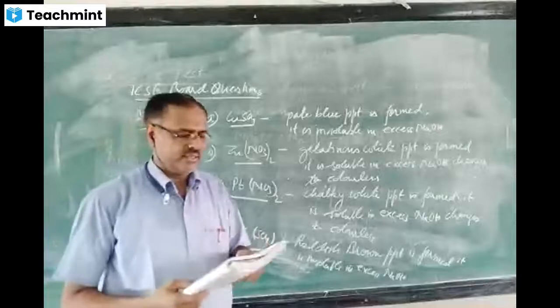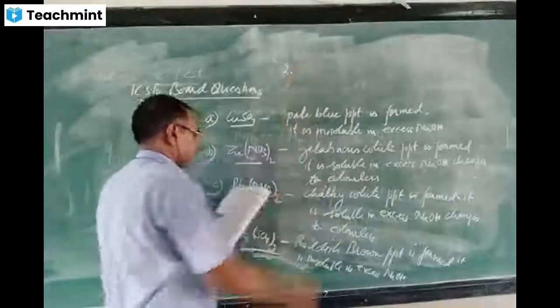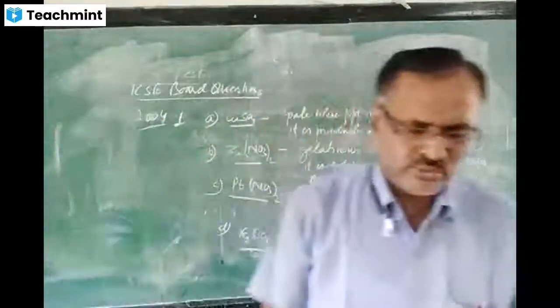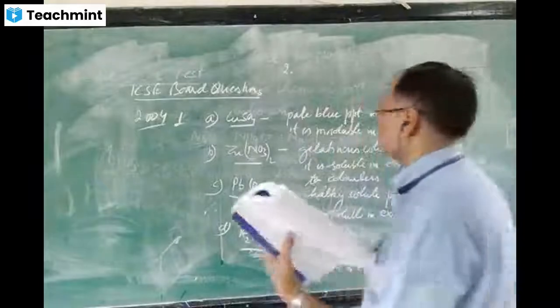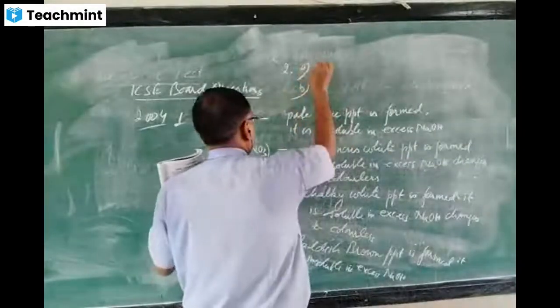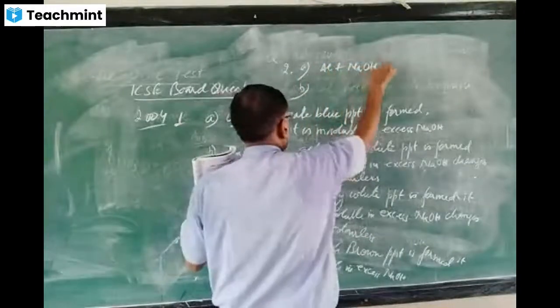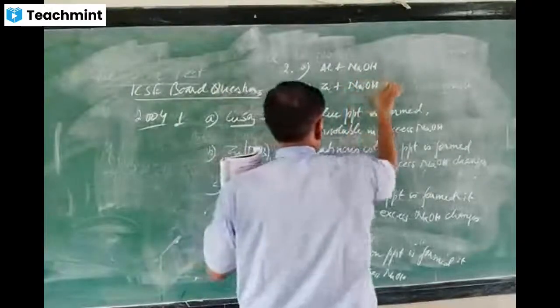Now the second question: write balanced equations for aluminium and zinc warmed with sodium hydroxide. So A, aluminium with sodium hydroxide, and B, zinc with sodium hydroxide.